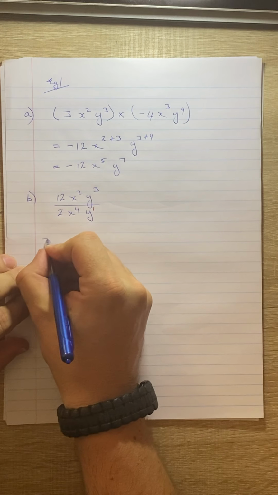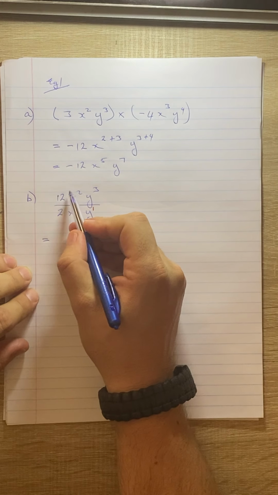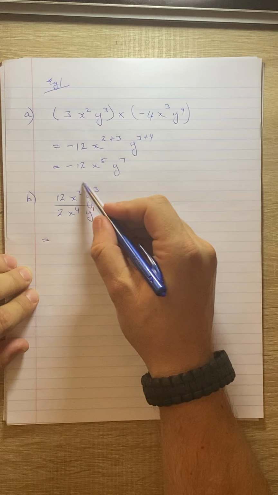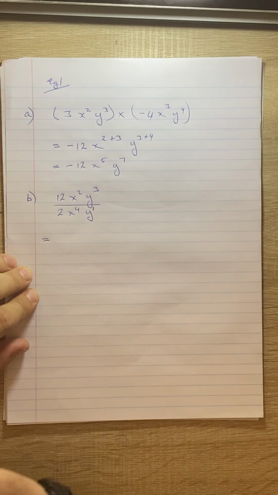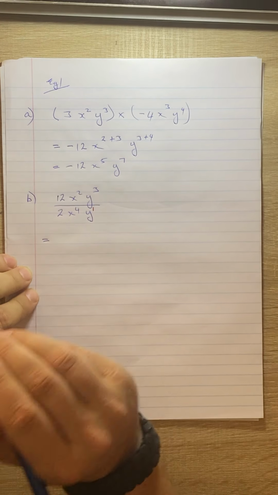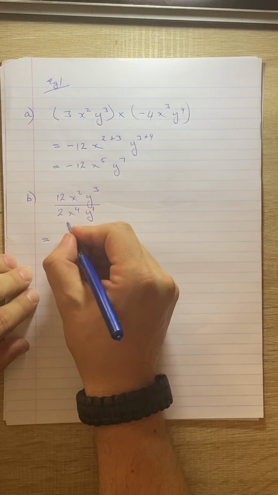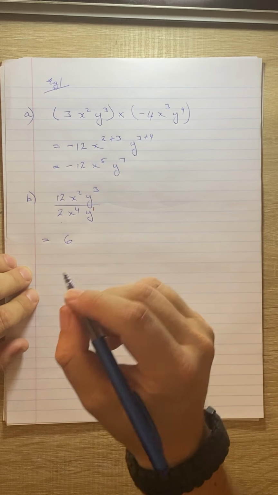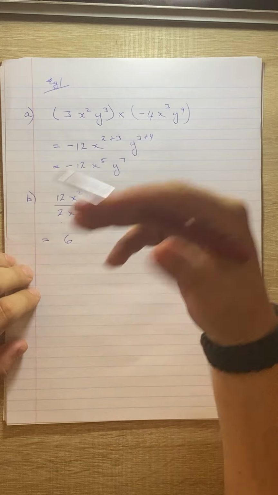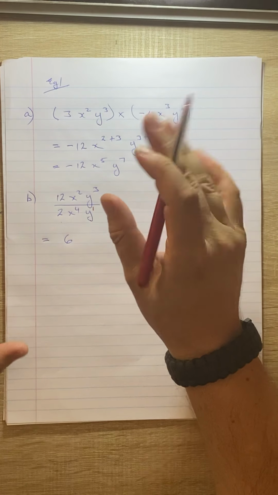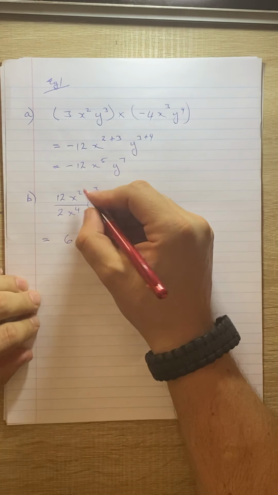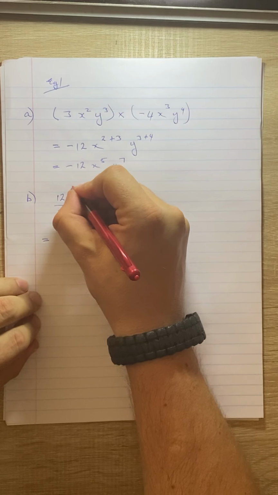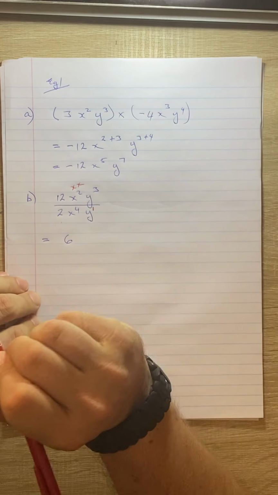So what we can do now is divide our numbers with our numbers, and then the like bases with the like bases. So 12 divided by 2 is 6. Now, before I go into another type of law, I want you guys to do it like this for now. Remember that this x squared means we have 2 x's there.